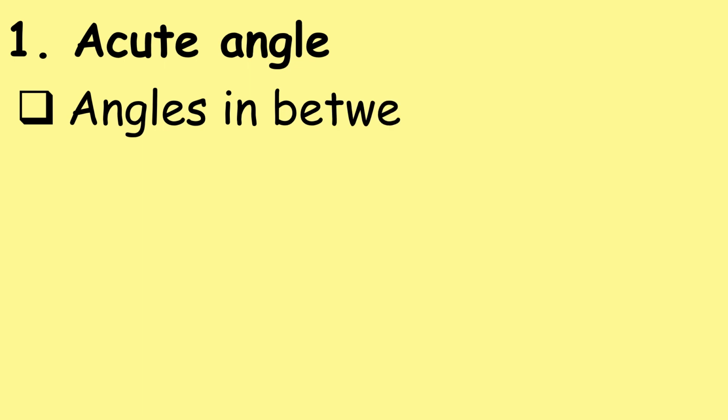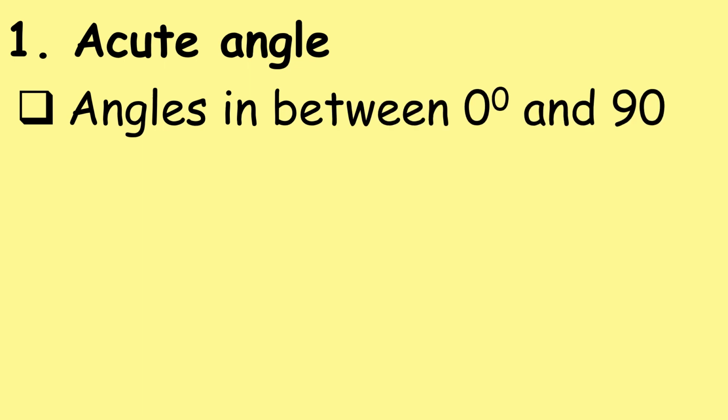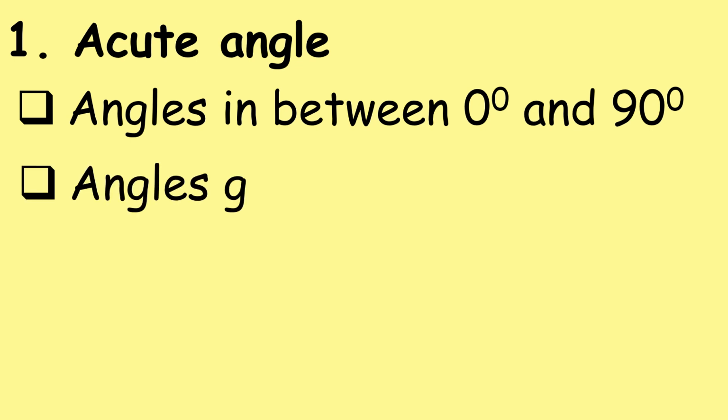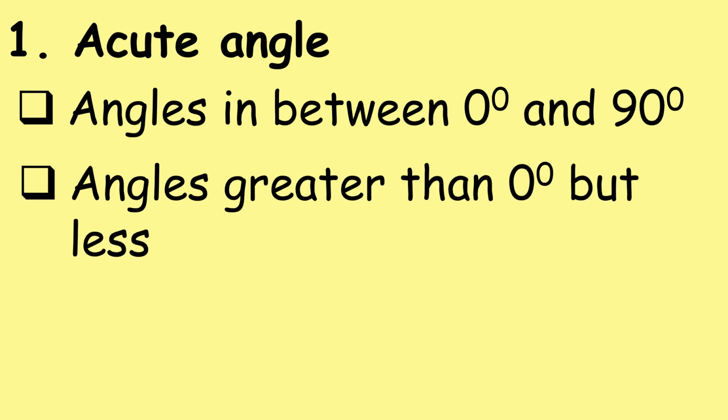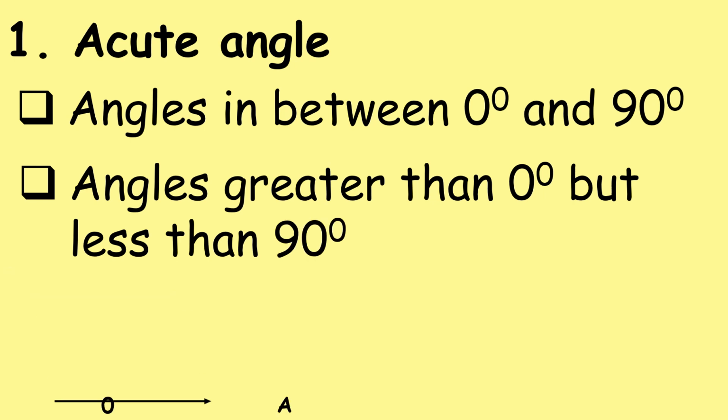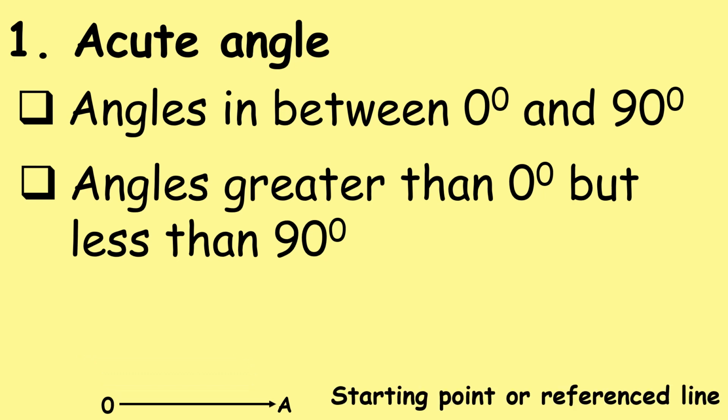What is an acute angle? An acute angle is usually between 0 degrees and 90 degrees. So it's actually an angle that is greater than 0 degrees but less than 90 degrees. So we see our line OA, which is the starting point or the reference point. At this particular point, OA, the angle we have here is 0 because we're starting from the beginning.